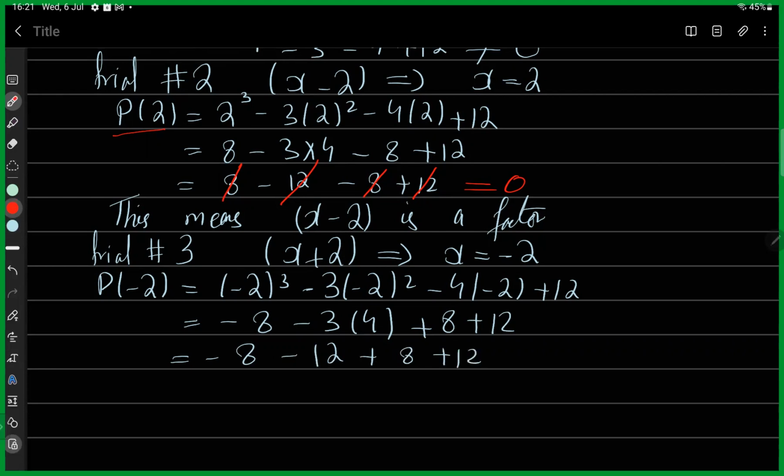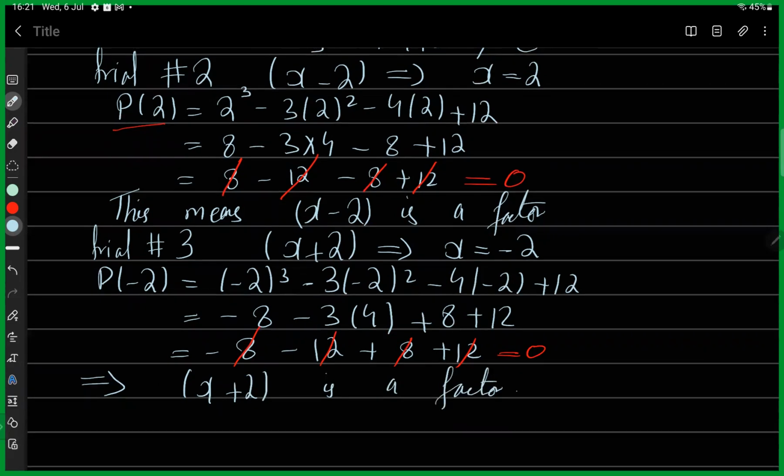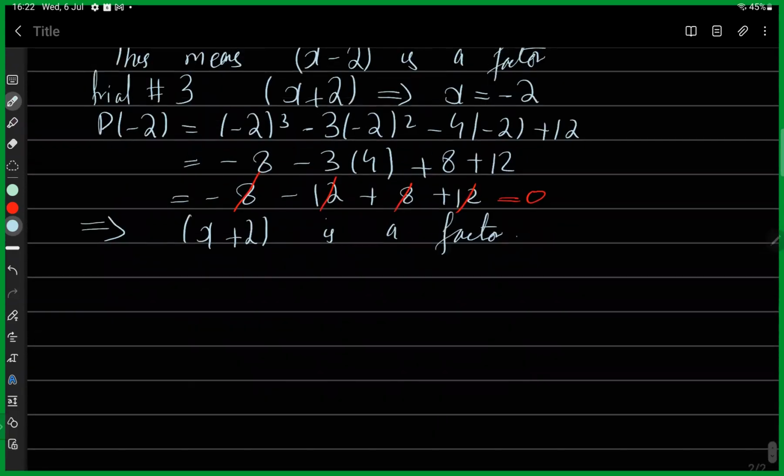And again, we are getting the same thing. This is equal to 0. And again, this means that x plus 2 is a factor. Now we are just left with one last factor. So again, we'll do that through the same method.